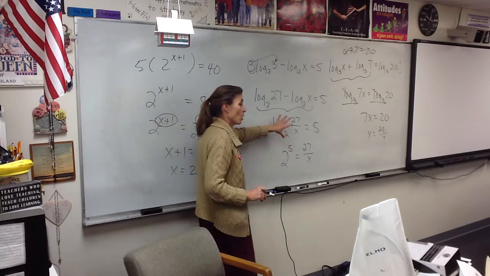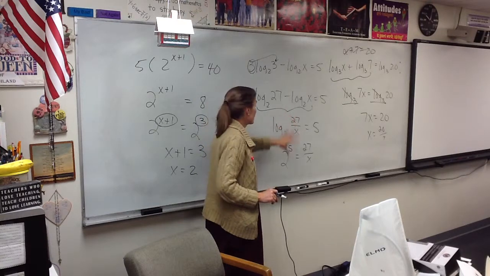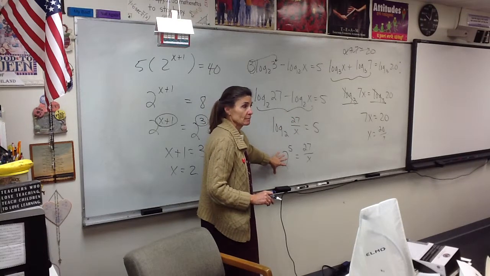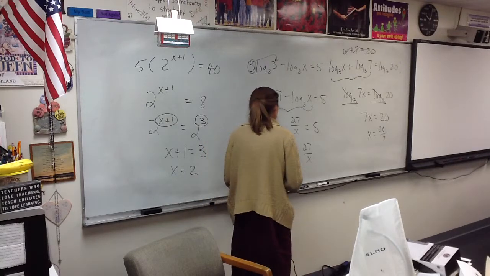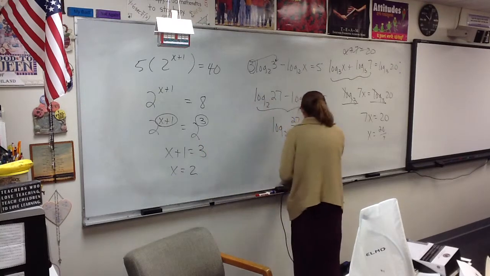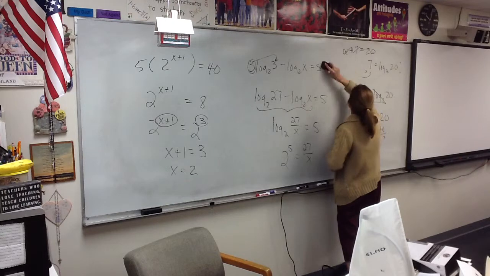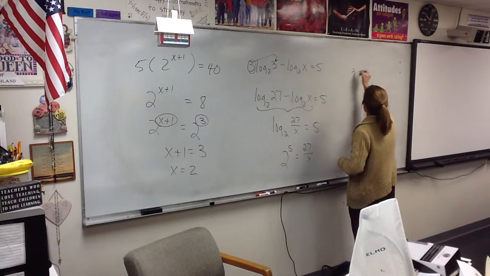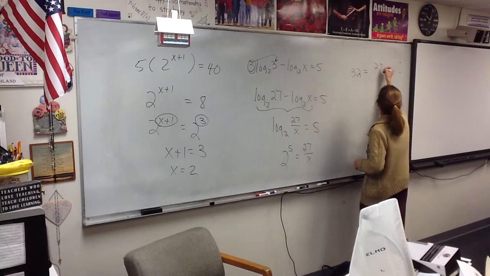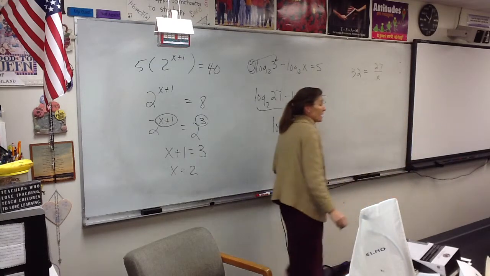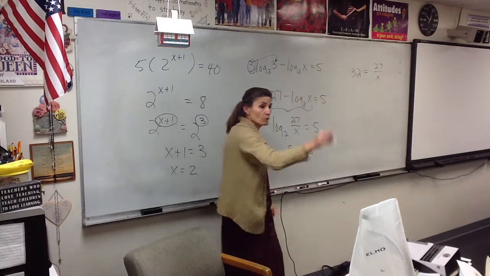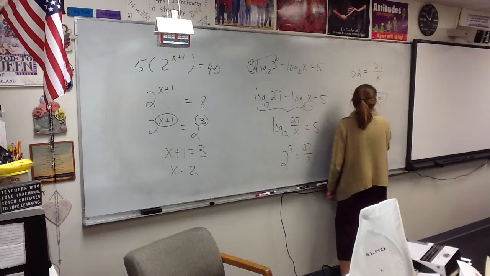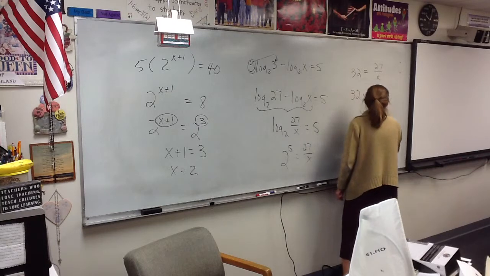Anytime you only have one logarithm, this is what you want to do. What's 2 to the 5th? 32. How do I solve that? Multiply by x, and then divide by 32.